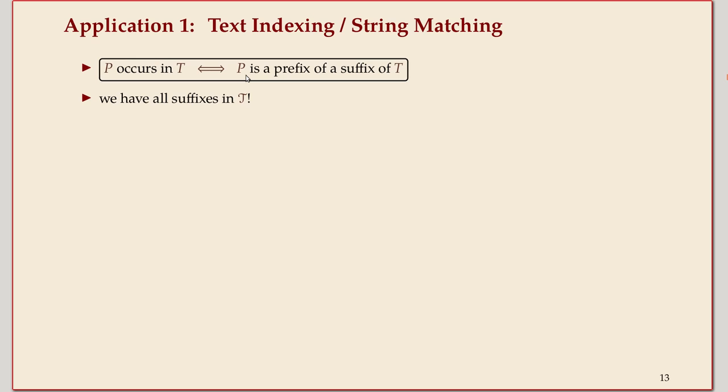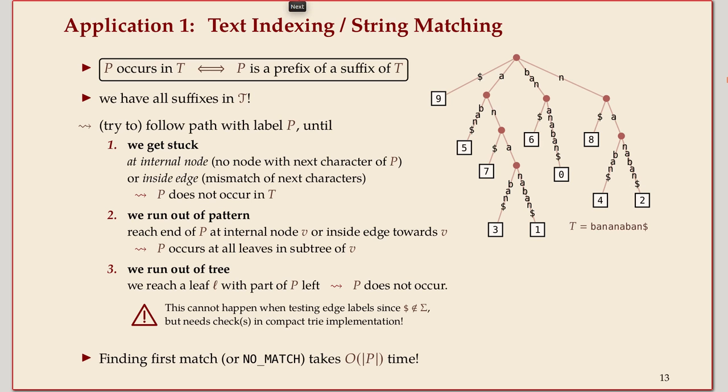Then it occurs at a specific position inside the text. Now, the suffix tree gives us a convenient way to access all the suffixes. So we can just go ahead and check if this is the prefix of some suffix. It turns out this is exactly what tries are good at.